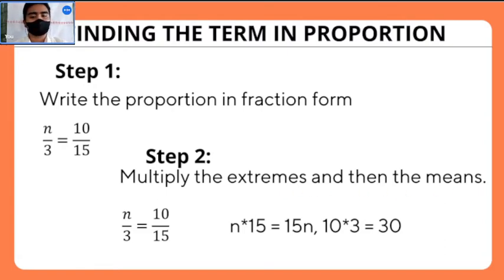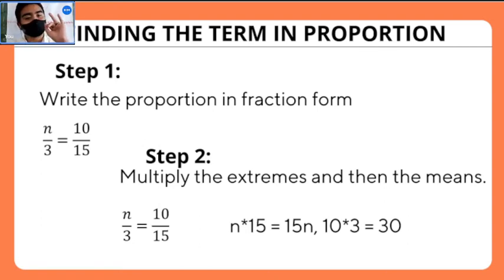Okay, just like what we are doing in knowing if the two ratios are proportion to each other. We discussed that in order for us to find if the two ratios are proportion, we look if they are equal. By what means? By cross product.